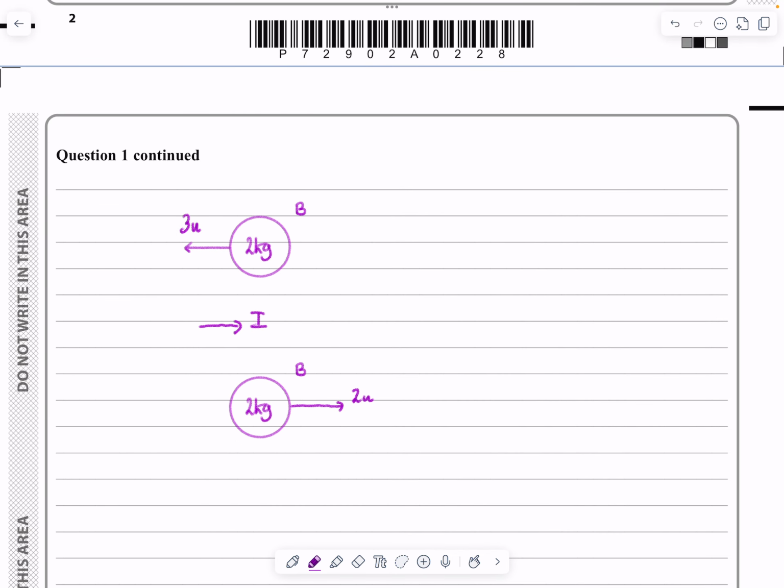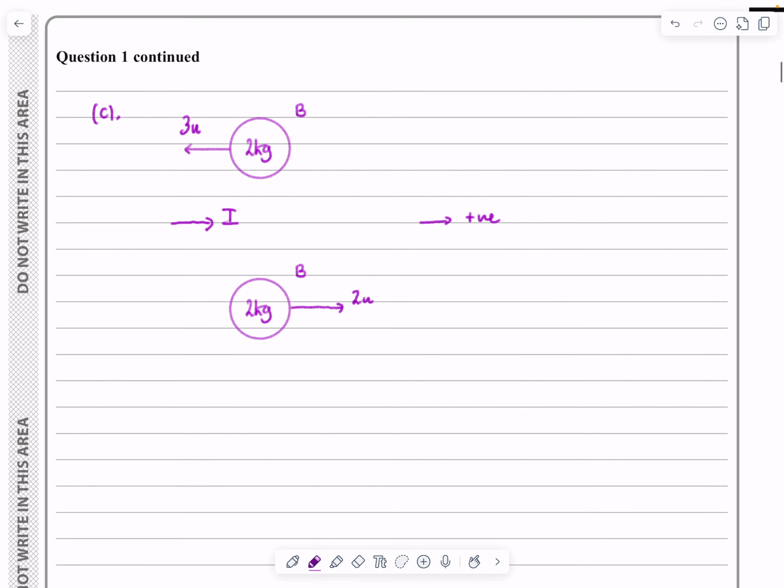For part C, I'm now interested in working out impulse, and once I've decided that's the direction of impulse, I'm going to take that direction as being positive. So it doesn't matter which way round I had as positive for the first part of my question, I'm now very clearly stating that that's the direction positive for this last part here.